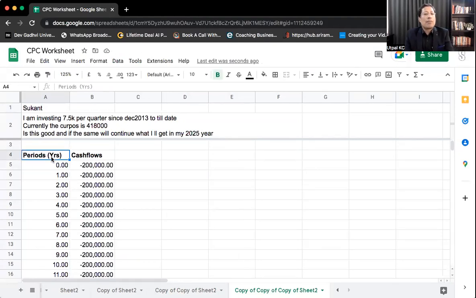Investing 7,500 per quarter since December 2013 till date. That means how many quarters are there till date? Periods are in quarters. How many quarters?